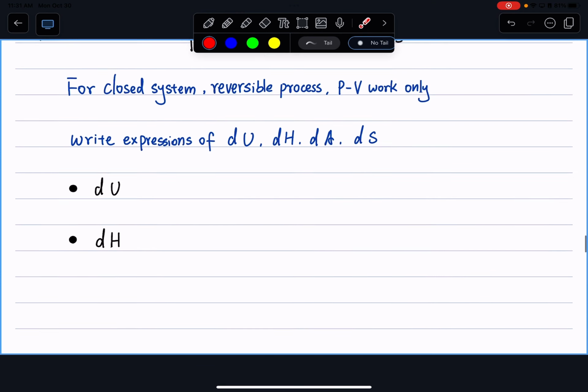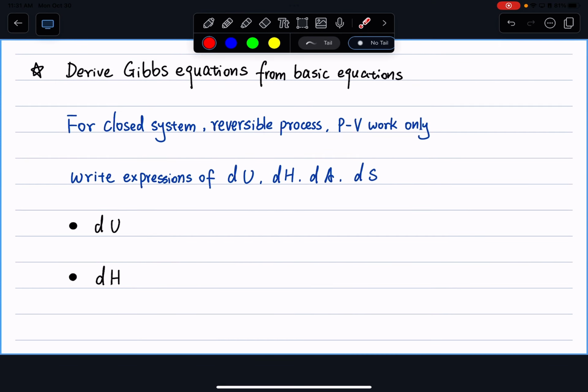Next up, we're going to start using our basic equations to derive what we call the Gibbs equations. It asks us to write the expressions of dU, dH, dA, and dS for this process. We start from dU equals dq plus dw, our first law of thermodynamics.